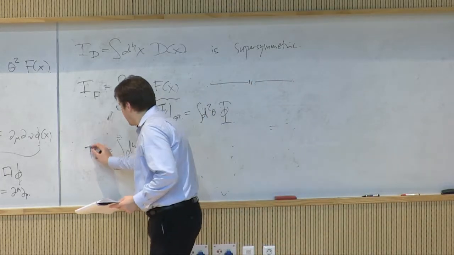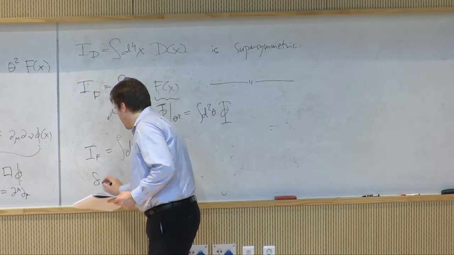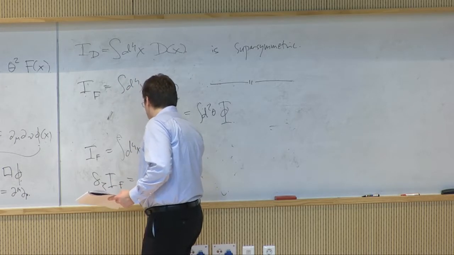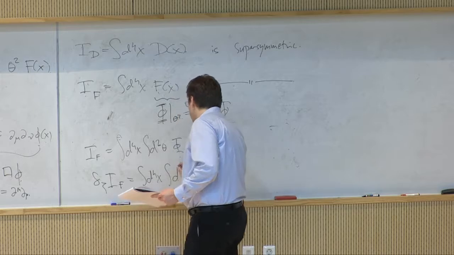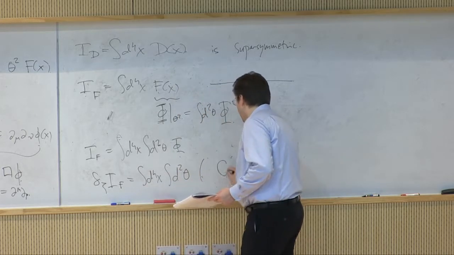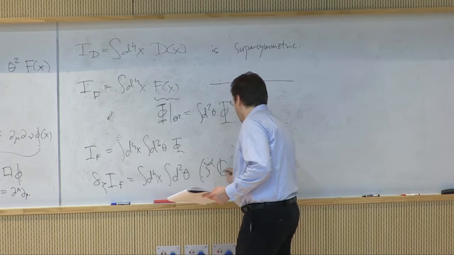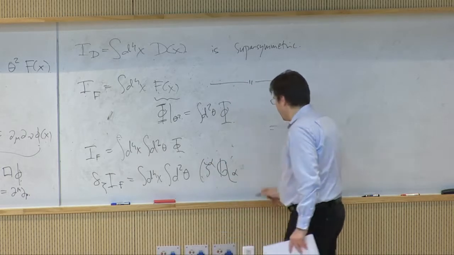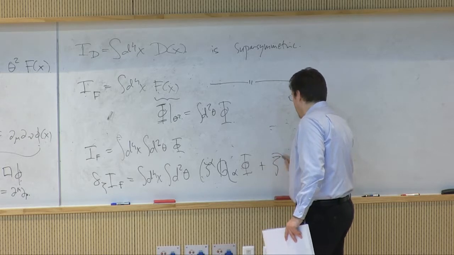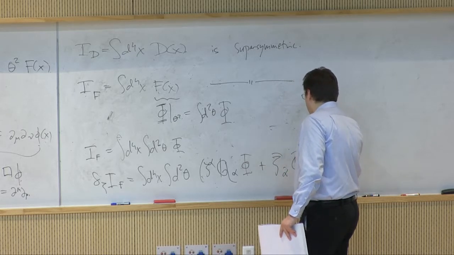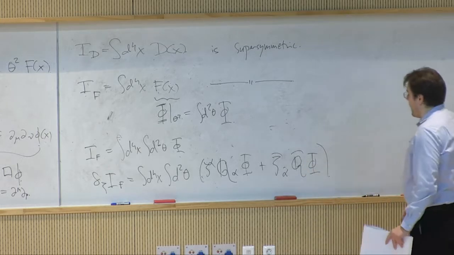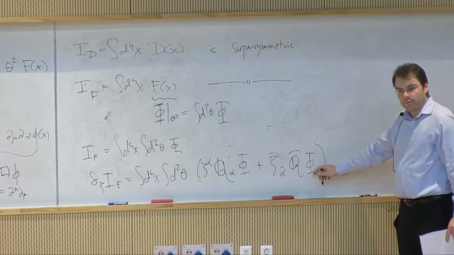Well, again, you can act on it with the SUSY variation, which, remember, just involves essentially acting with either the differential operator boldface Q on Phi or the differential operator boldface Q bar. Okay, so let's look at the Q bar term first.